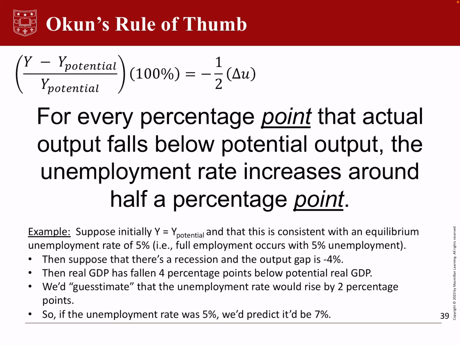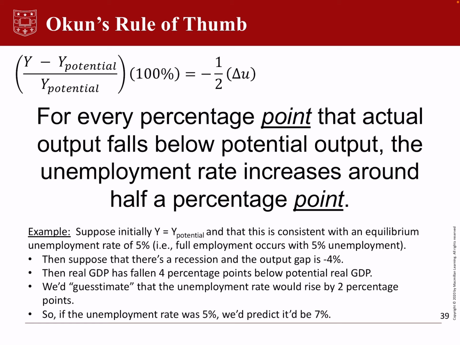Here's an example. Suppose that initially the level of gross domestic product is the potential level. So we have full employment, and we'll suppose that full employment is when we have 5% unemployment. Then let's suppose that a recession emerges and the output gap becomes negative 4%.